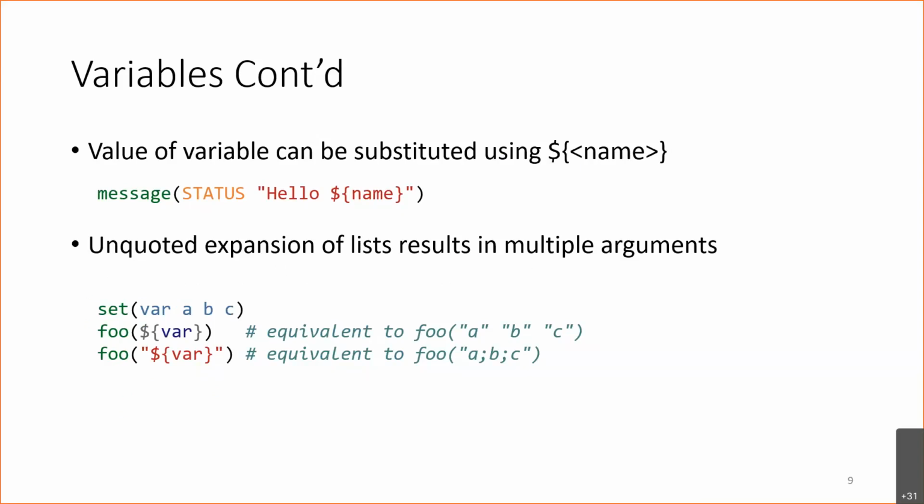So in our example here, we have a variable with the list A;B;C. In the first line, there's no quotes, so expanding it is the same as calling foo with 3 separate arguments, A, B, and C. Whereas in the second form, where you wrap the expansion in quotes, it calls foo with only 1 argument, which is the semicolon separated list.